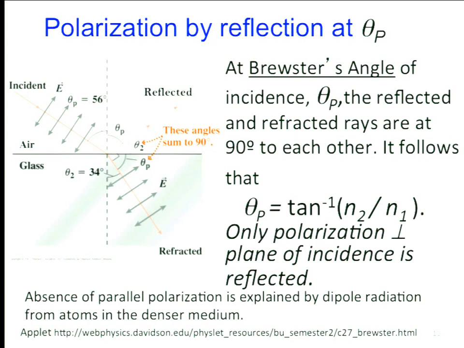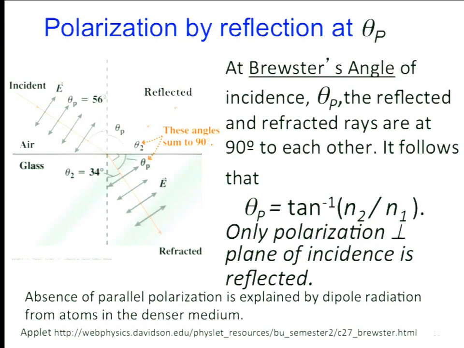So for example, in this case here, we're saying, what angle would I have to come in with to make this refracted angle 90 degrees? That's the question. So I would write Snell's law as I come in from medium 1: N1 sine theta 1 equals N2 sine theta 2.